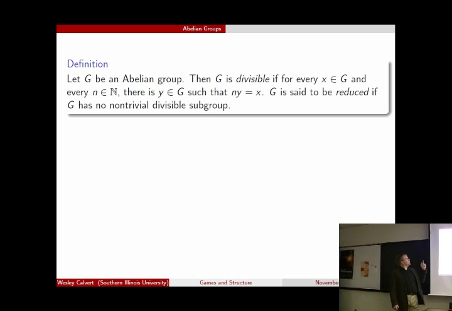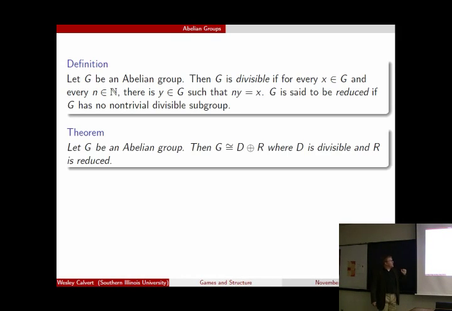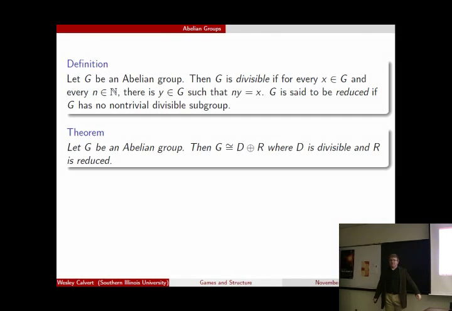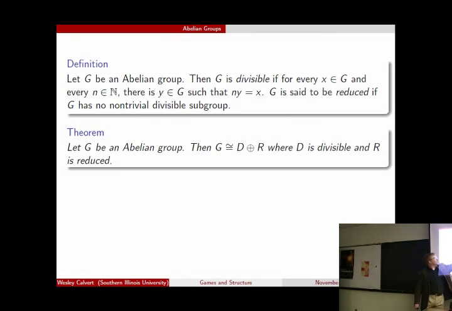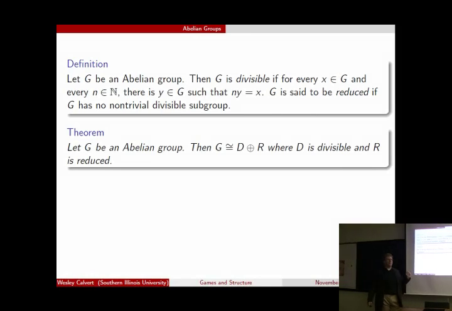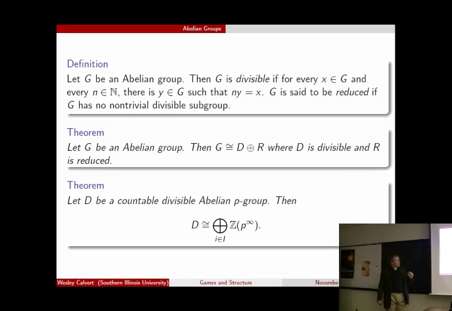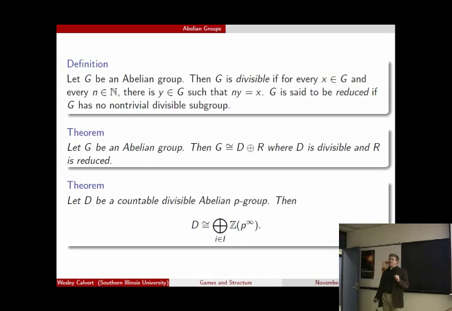We say that the group is reduced if it has no non-trivial divisible subgroup. And again, you get a direct sum. Any abelian group is a direct sum of a divisible part and a reduced part. And the divisible parts of an abelian p-group are easy.